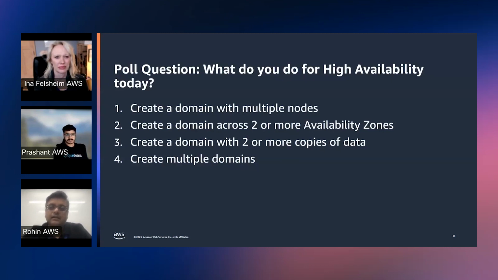They are running it with a lot of risk, right? If the AZ is lost due to anything, it could be a network connectivity issue, it could be a node drop. Any of those issues can cause an availability drop, and that's a direct impact to the business, right? So that was surprising. People are leaving it to chance.